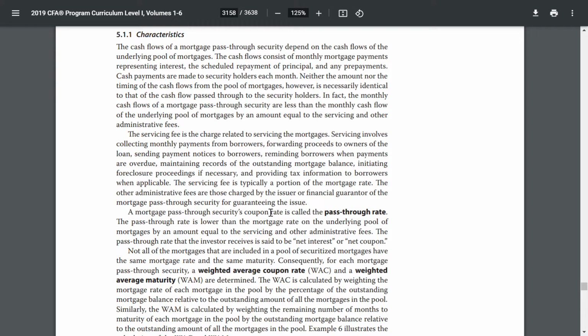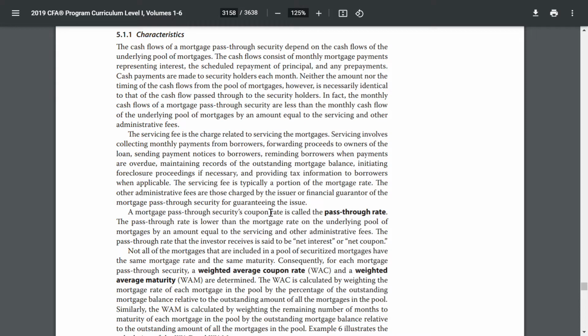The servicing fee is the charge related to servicing the mortgage. Servicing involves collecting monthly payments from borrowers, forwarding proceeds to owners of the loan, sending payment notices to borrowers, reminding borrowers when payments are overdue, maintaining records of the outstanding mortgage balance, initiating foreclosure proceedings if necessary, and providing tax information to borrowers when applicable.